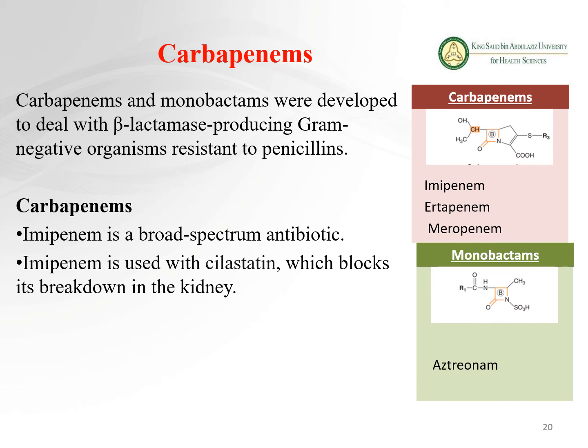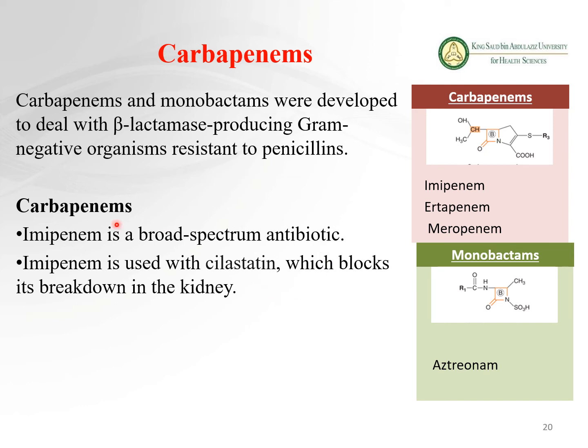So carbapenems and monobactams were developed to deal with beta-lactamase producing gram-negative bacteria, because they were resistant to penicillin by producing this beta-lactamase enzyme. Carbapenems, the main example is imipenem. It's a broad-spectrum antibiotic, and it is widely distributed.